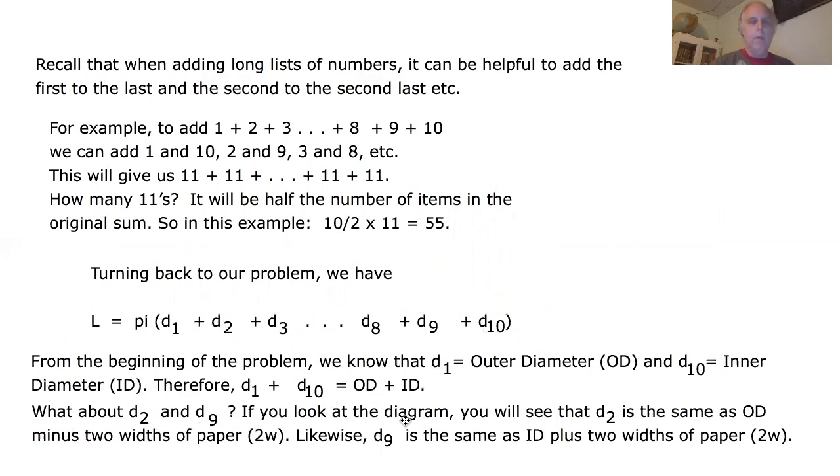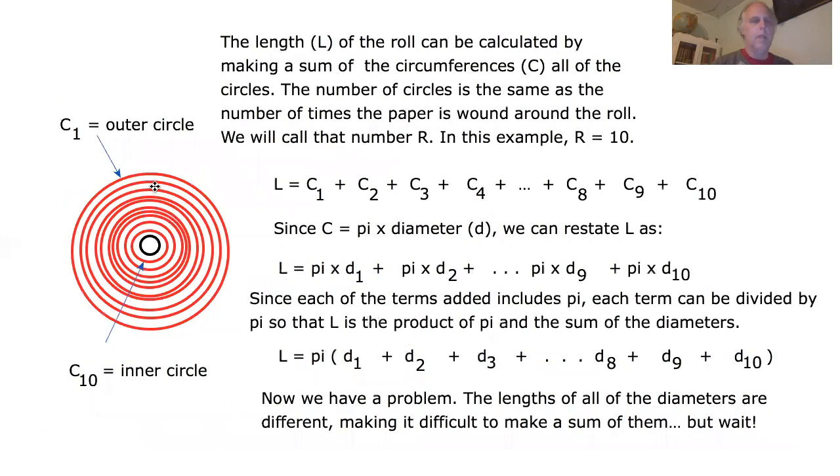If you look at the diagram, we're going to look at the diagram again. Imagine this diameter of C1 here going across the circle. I wonder if you can think of how it's different from the next circle in, D2, the diameter of the next circle in.